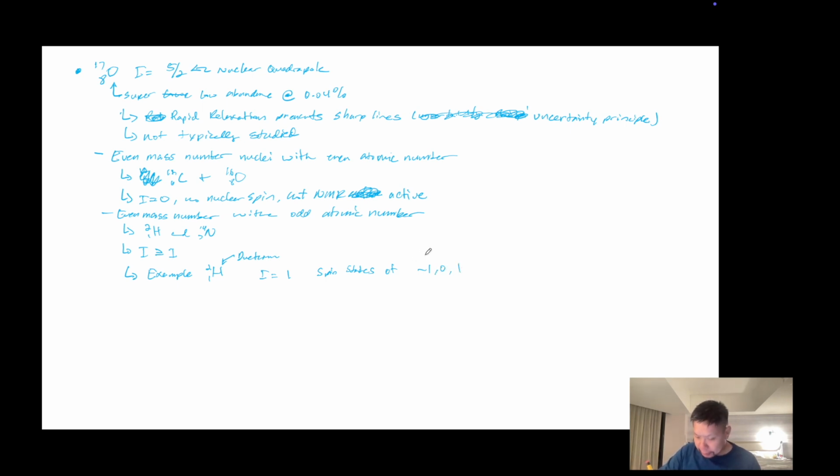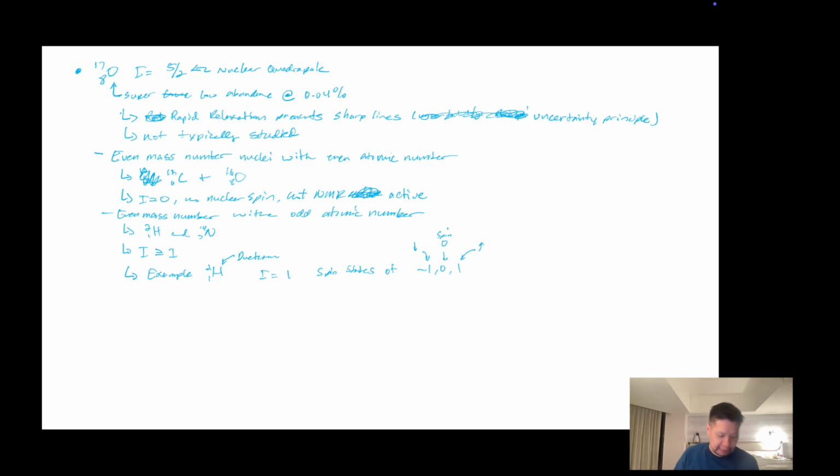The -1 you can think of as spin down, the positive 1 as spin up, and the 0 as spin 0. You can see then that deuterium has 3 spin states.